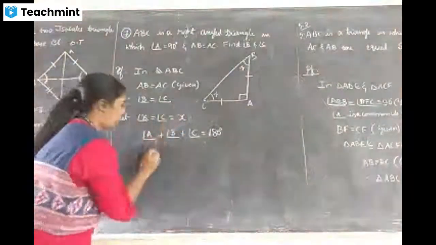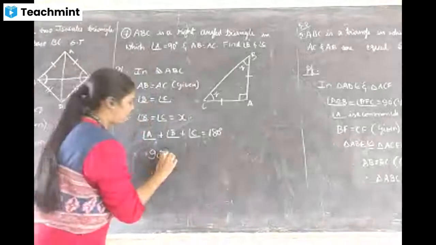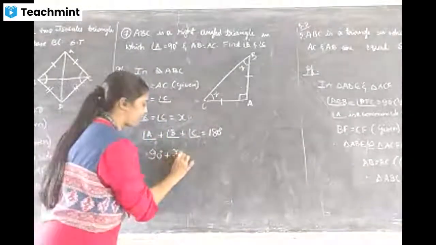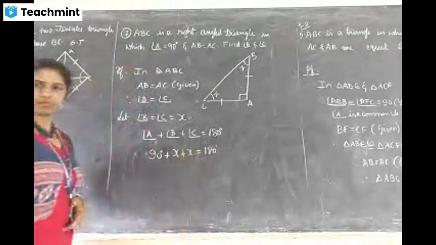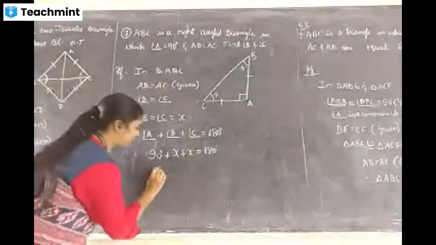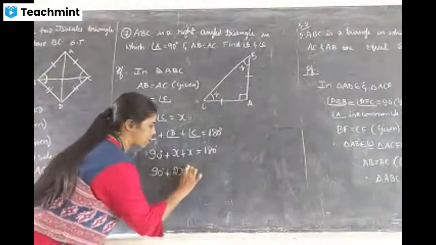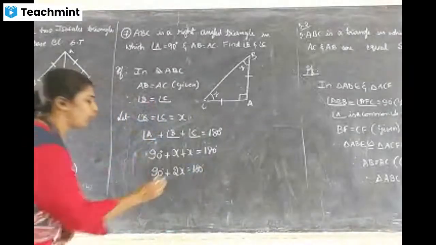Angle A we know is 90 degrees, given here, isn't it? Plus angle B and angle C, which we have taken as x, so x plus x. That is equal to 180. So now 90 plus 2x is equal to 180 degrees.